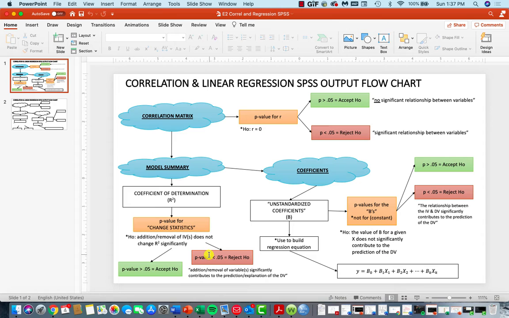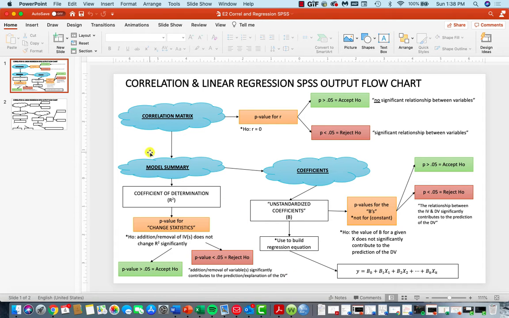However, if we see a p-value that is less than 0.05, that means we're going to reject the null, in the sense that we're saying adding or removing a given variable significantly contributes to the prediction of the dependent variable. In other words, we have increased or decreased the R-squared value significantly enough that we have now identified the value of the R-squared that is going to be most useful to us.